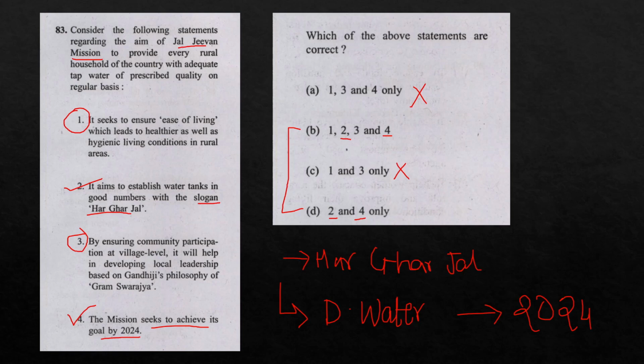Yes. Now this is a scheme that aims at giving hygienic water, right? That means if the water is hygienic, everything else will be hygienic in the rural areas. So this is also true, and therefore our answer is option B.